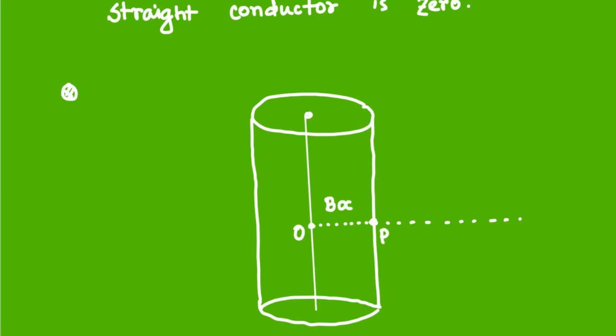Now, magnetic field induction from the axis to the surface of the cylindrical straight conductor is directly proportional to the perpendicular distance, and outside, magnetic field induction is inversely proportional to the distance. At the axis, magnetic field induction is 0.